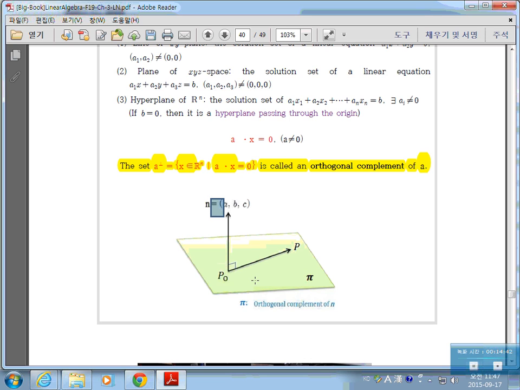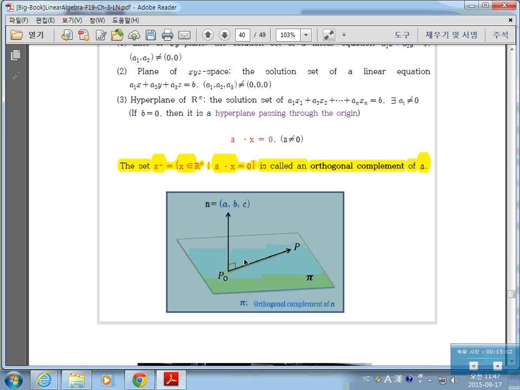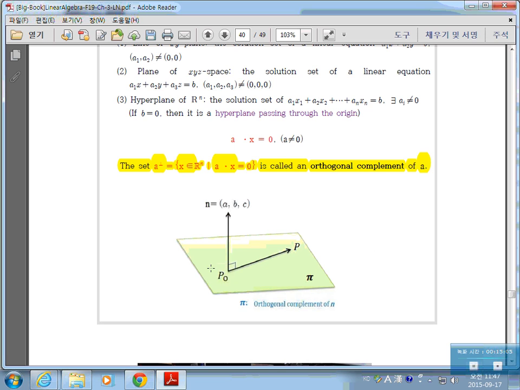If a non-zero vector like this or like this, then the set of vectors that are orthogonal to this vector forms a plane like this. So this plane pi represents the orthogonal complement of this normal vector n.